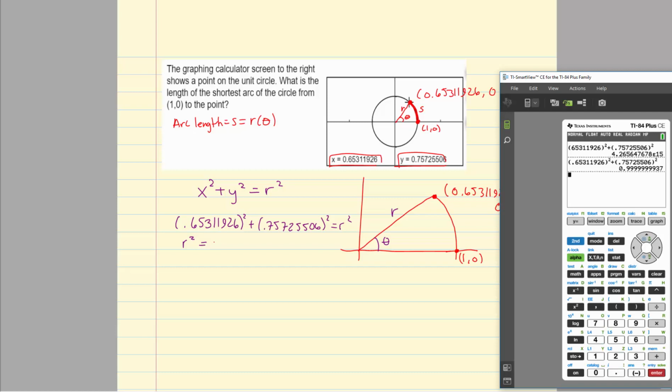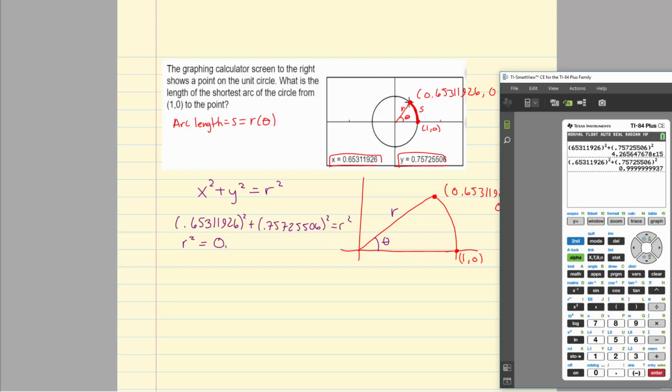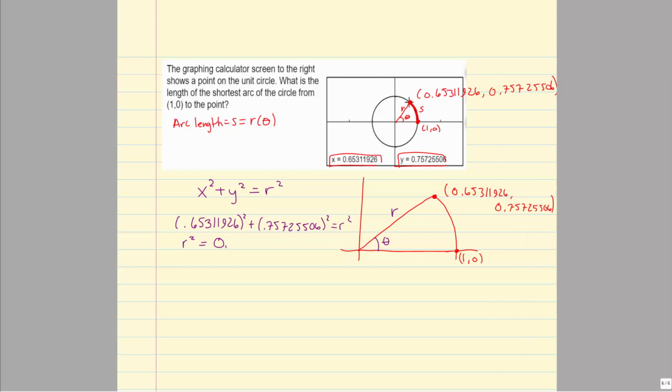So I get r squared equals 0. Lots of nines. So let's go ahead and count those nines. I have 8 nines, and then it ends in 3, 7.